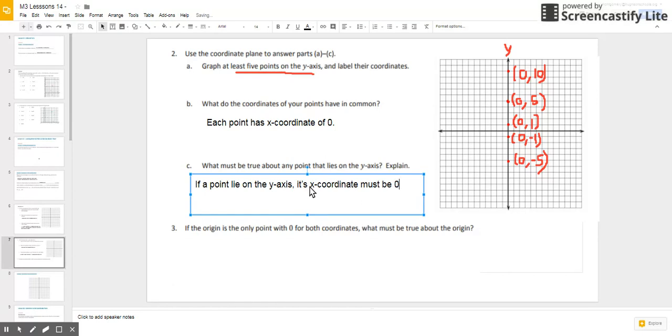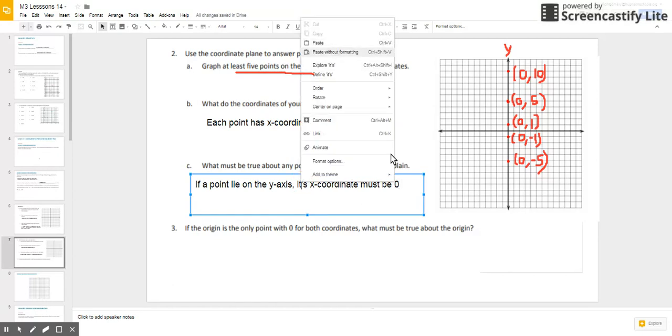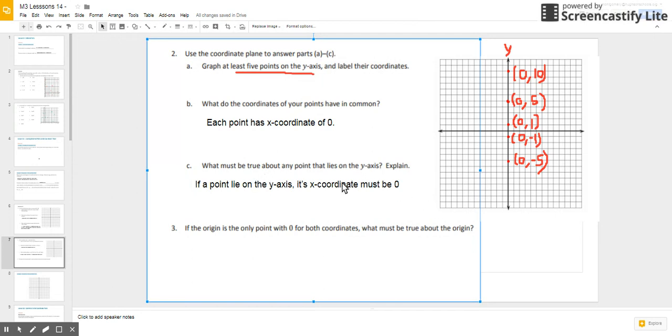All right, there you go. That's how we answered the question, what must be true? This must be true: if a point lies on the y-axis, its x-coordinate must be 0.